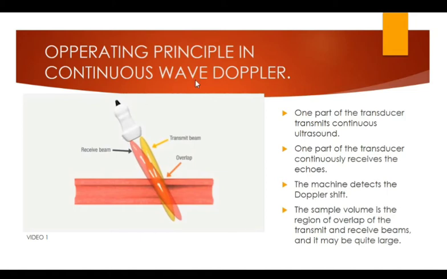The sample volume is the region that overlaps the transmit and receive beams, and sometimes it's quite large. So you really have to know your anatomy when you're using this. We usually use continuous wave Doppler in echocardiography, so it's not imperative that we deeply understand it to be a general sonographer, but just be aware of what the difference is.